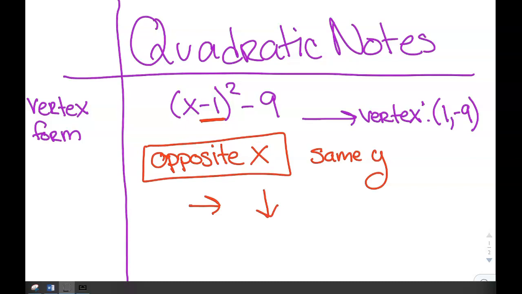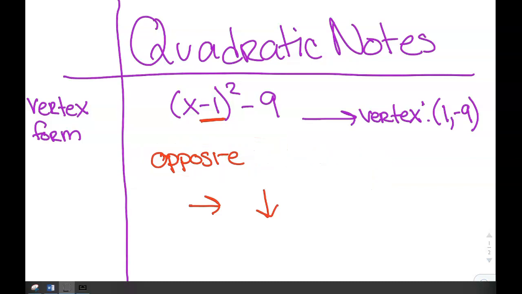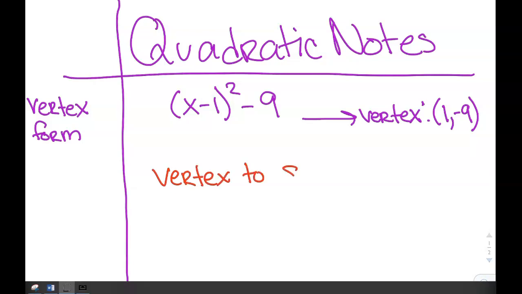So, if I give you this, you should be able to take this and get into standard form. So to move from this to standard form, I'm going to make a box.